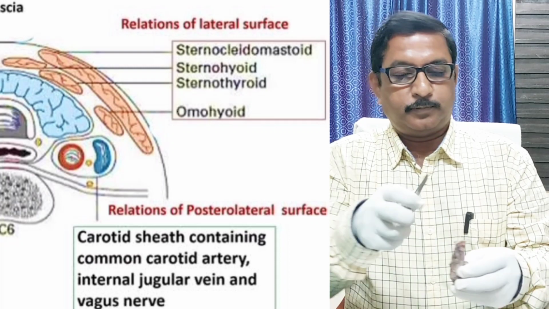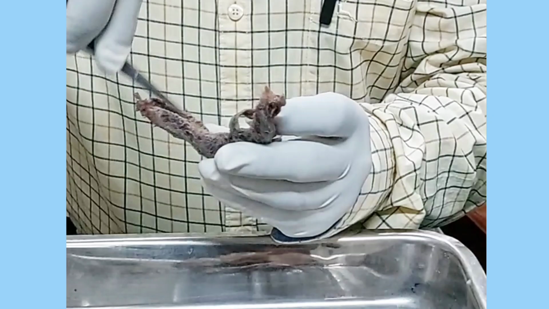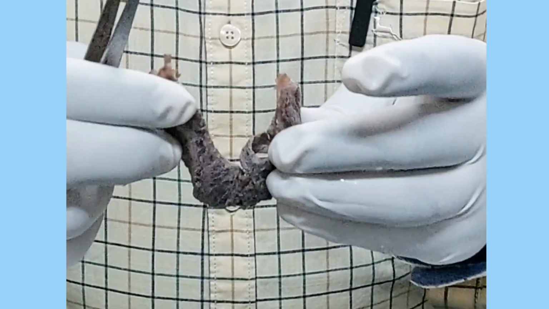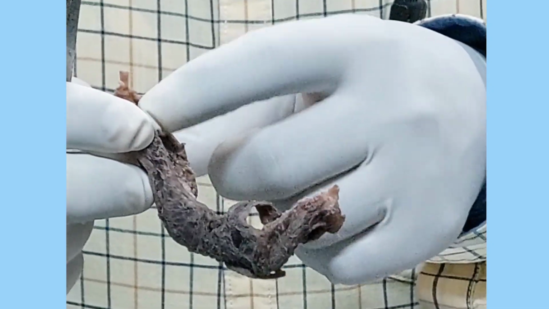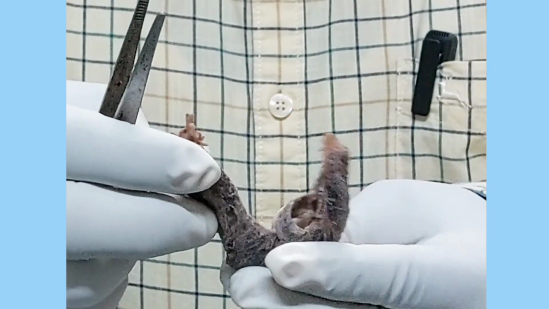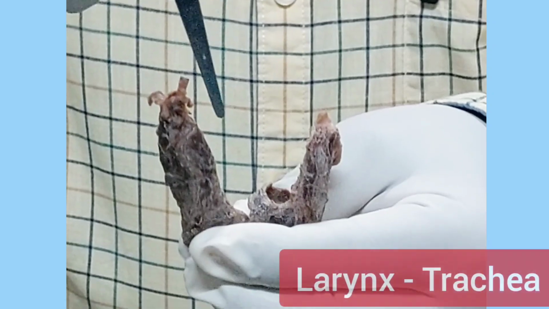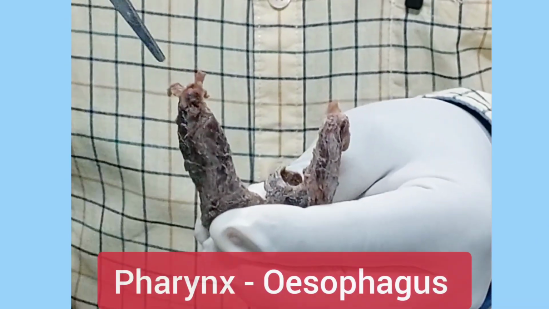But medially, the medial surface is concave because it is placed on the trachea and larynx. So we will get two tubes: the larynx becomes trachea, and pharynx becomes esophagus.